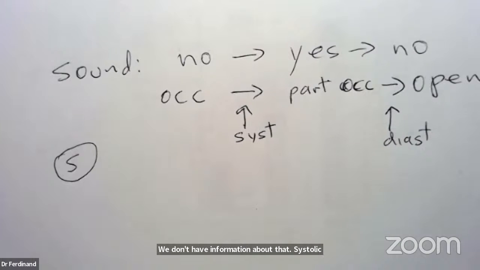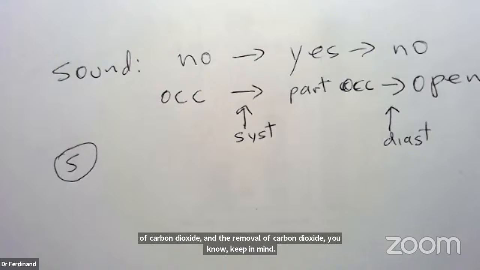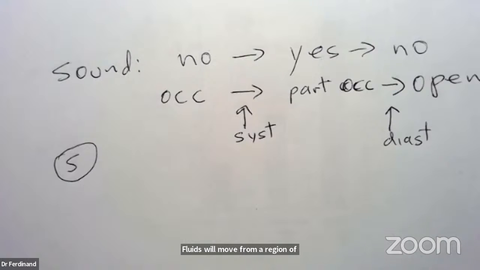Systolic pressure equals diastolic pressure. In medicine, there's a technical word for this. It's called death. If blood is not circulating throughout your body, then of course you're not getting oxygen and the removal of carbon dioxide. Keep in mind, fluids will move from a region of high pressure to low pressure, just like you see in general chemistry.